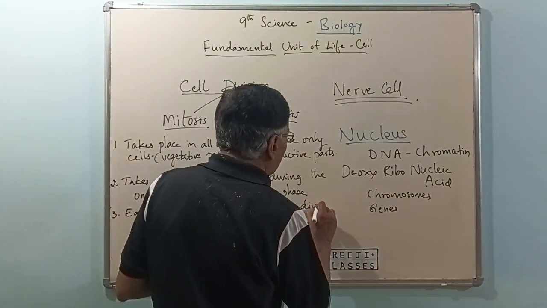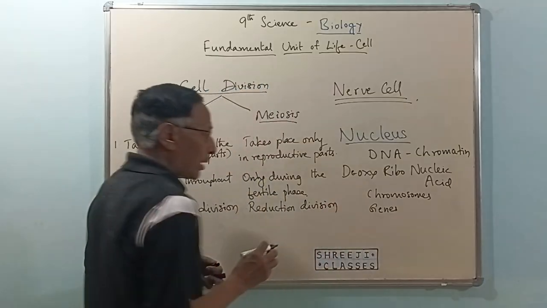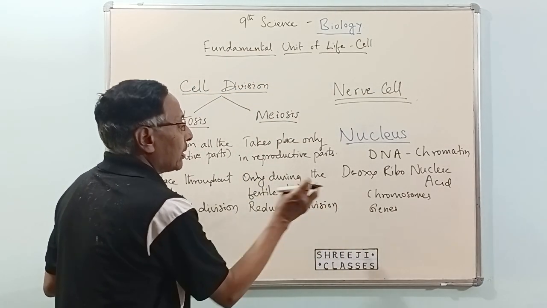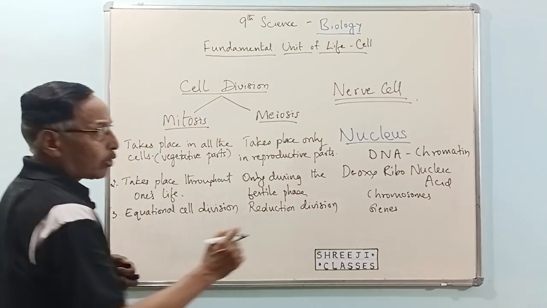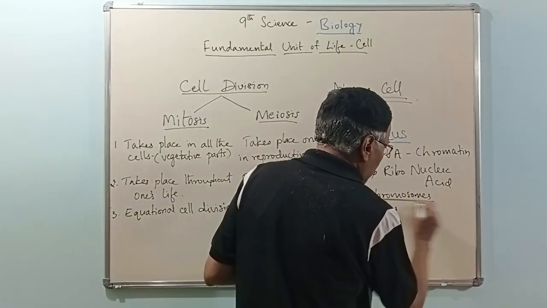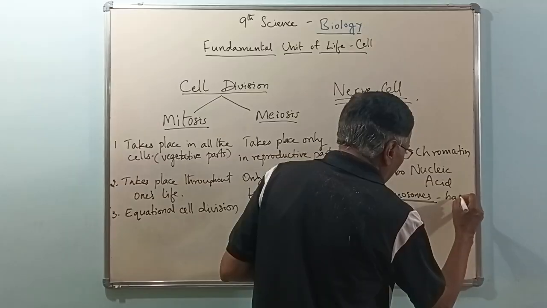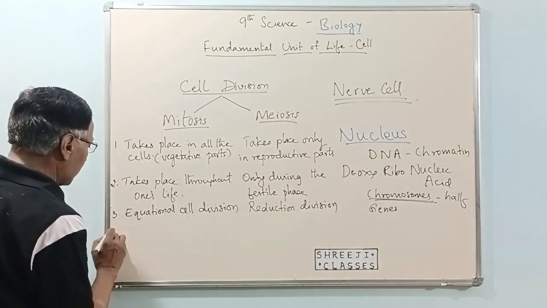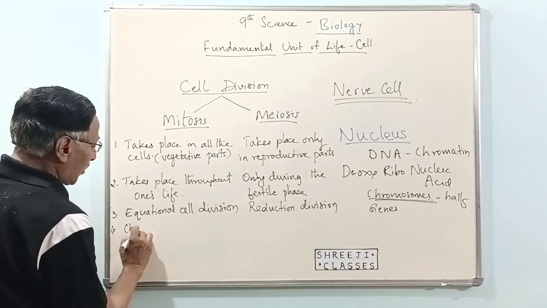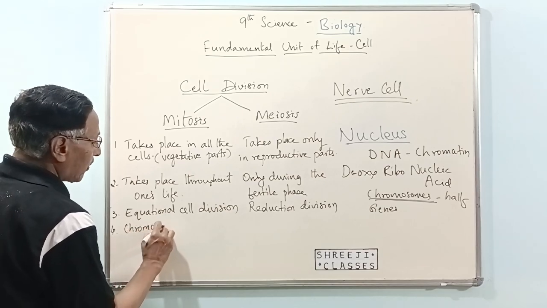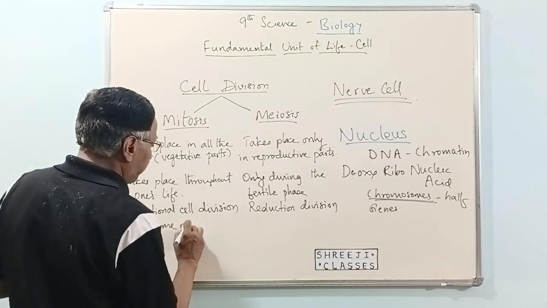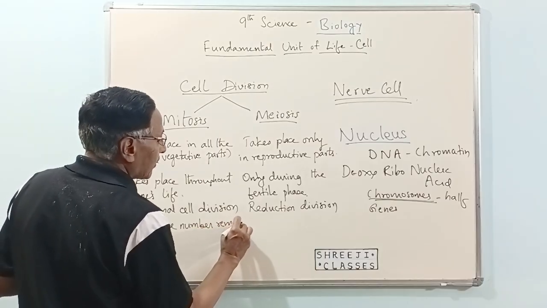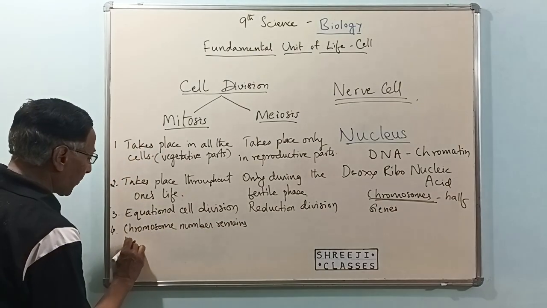Why is it called reduction division? Because in meiosis, the chromosome number is reduced to half. Here in mitosis, the chromosome number remains the same.